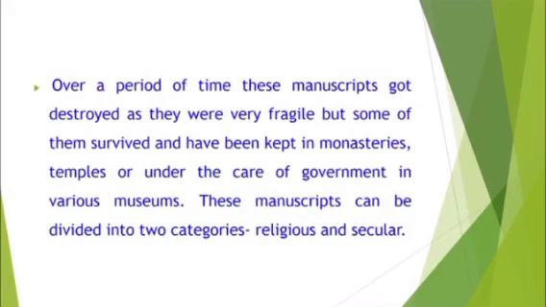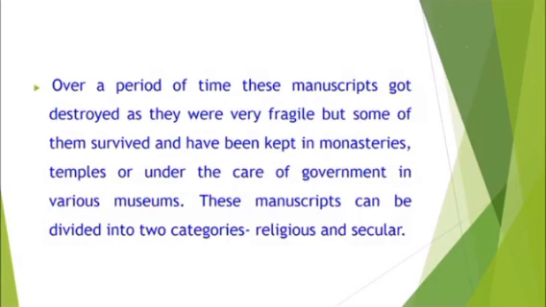Over a period of time, these manuscripts got destroyed. Destroyed means damaged, as they were very fragile. Fragile means easily broken, but some of them survived and have been kept in monasteries.